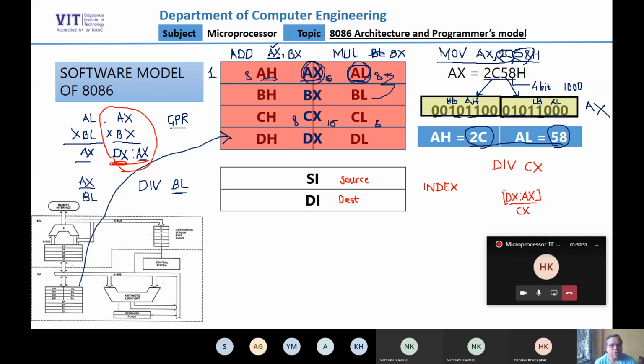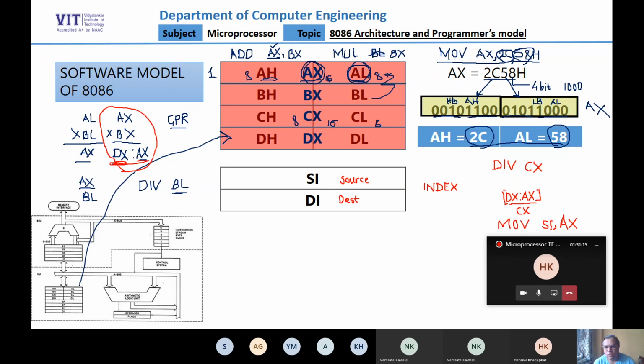Meaning what? I may write an instruction using SI, something like this. I can write MOV SI, that means SI is used as a destination, comma, I can specify any source, let's say AX. So what will happen in this case? The 16-bit contents of the AX register will be copied into the SI register.